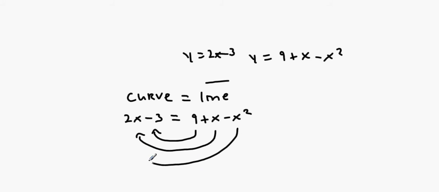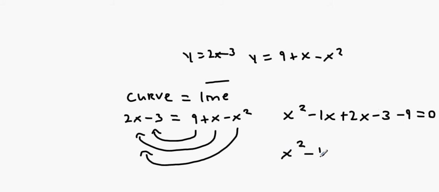We're going to be left with x squared, then minus 1x, a plus 2x there, and then a minus 3 and a minus 9 equals 0. Then we're going to have x squared minus 1x minus 12 equals 0.